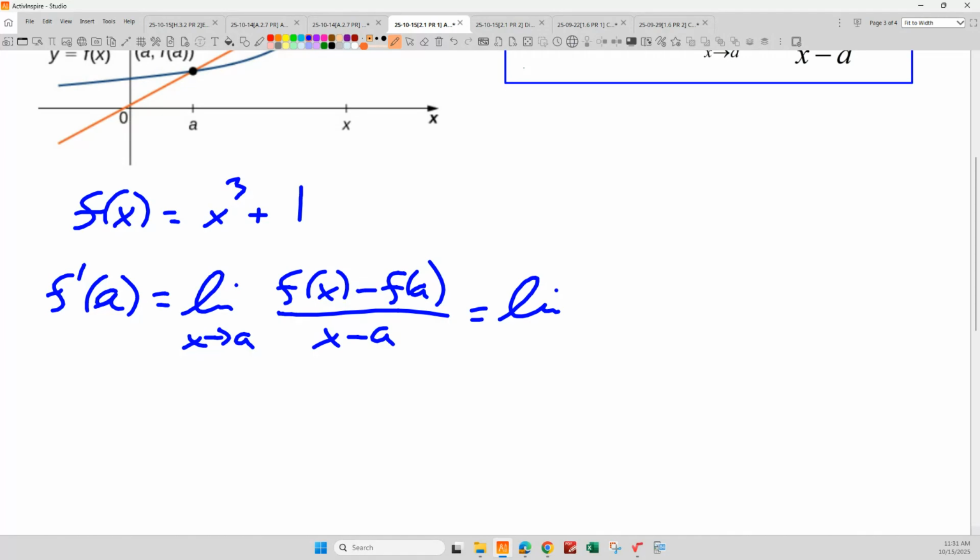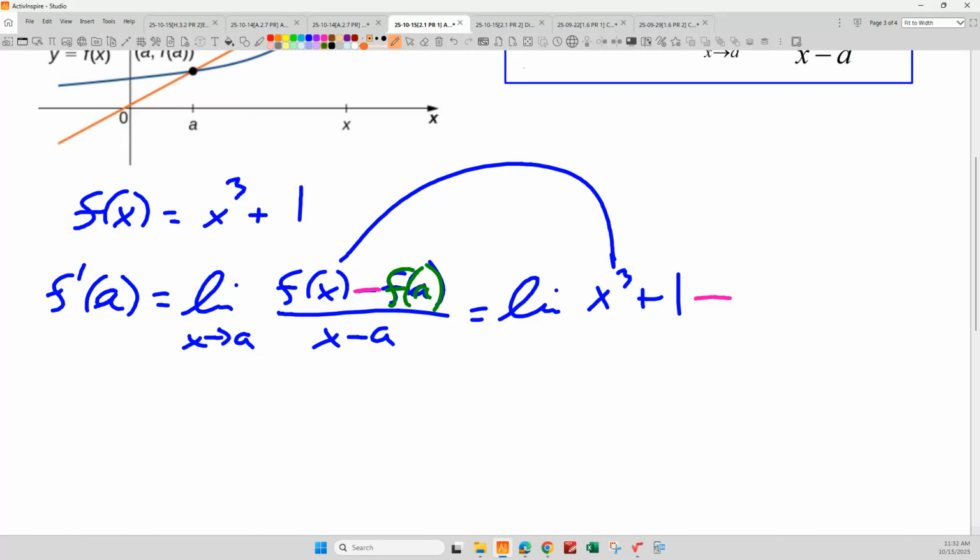Because what's f of x? It's x cubed plus 1, minus f of a.